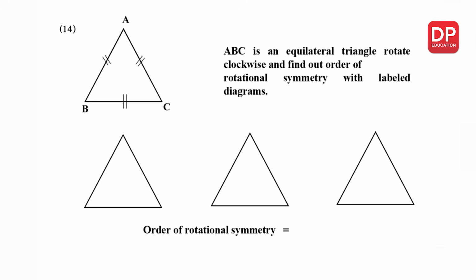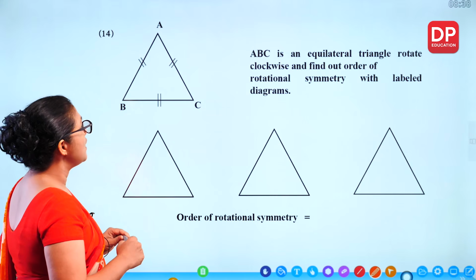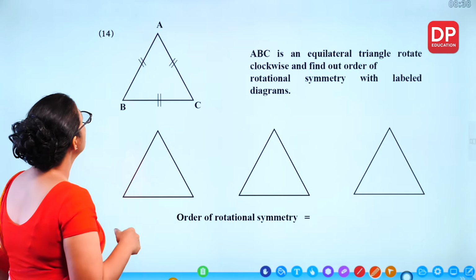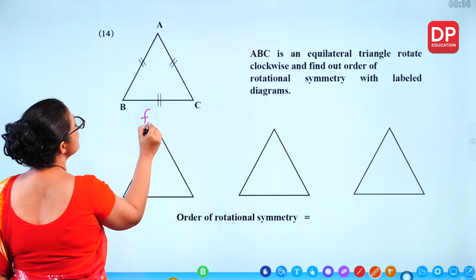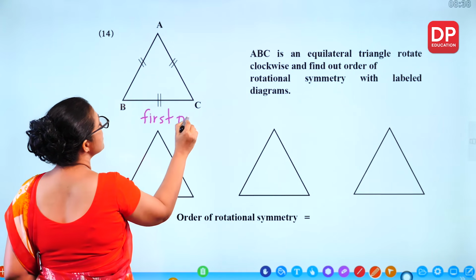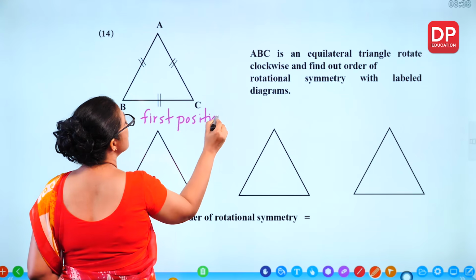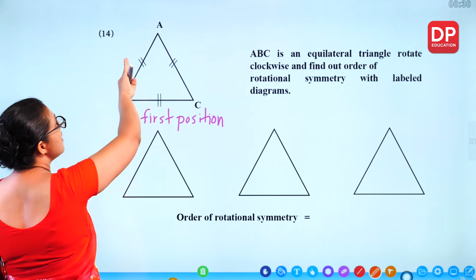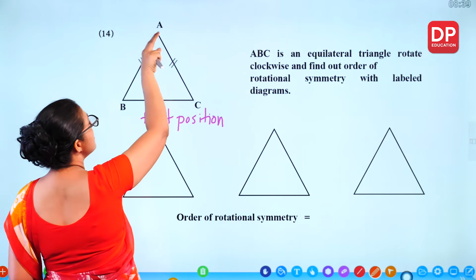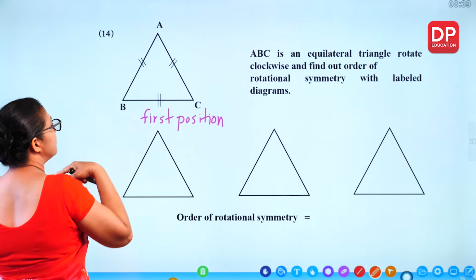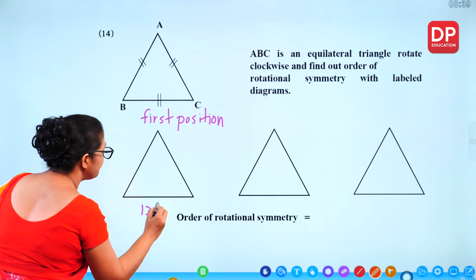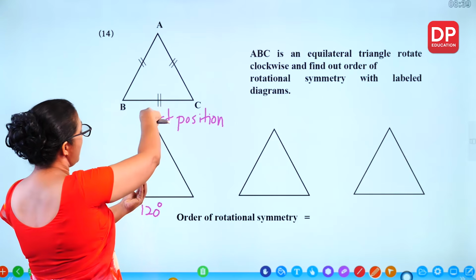Now we'll look at an equilateral triangle ABC. Rotate clockwise and find out the order of rotational symmetry. We'll take this one as the first position, A, B, C. You have to observe the letters clockwise: A, C, B. When you rotate 120 degrees, A comes here.